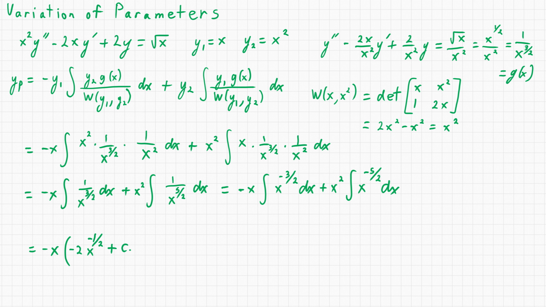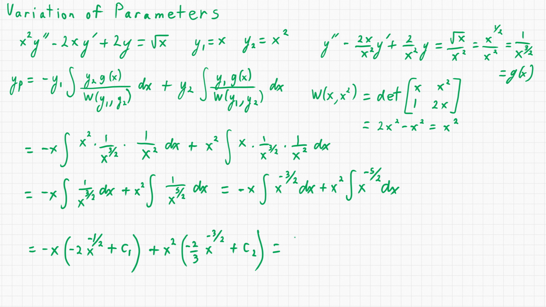If I want to be careful, there is a plus c1. And I've got plus x squared. And the other one, I have x to the negative 5/2, so if I go backwards and add 1 for the power rule, it's going to be x to the negative 3/2. In this one, I need the reciprocal, so that's going to be negative 2/3, because there's just a 1 in front. Sorry, I forgot my plus c2.